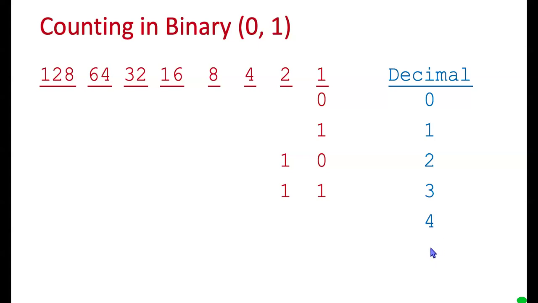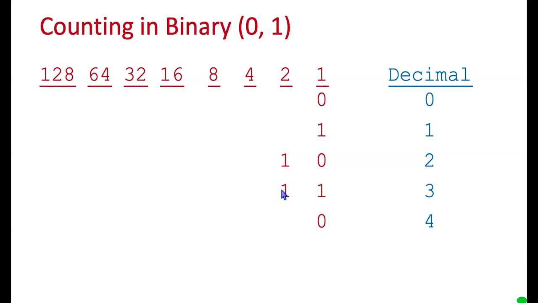How about 4? Uh-oh, let's see. I'm out of 1s here again. What do I do? Yeah, when I'm at the end of my digits in my number system, I've got nothing else here. What do I put here? Remember, just like when we go from 9 to 0 in base 10, in binary, same thing. We're at a 1. We're at our last value. Let's put a 0 here, then increase the next column by 1. How do I increase this next column by 1?